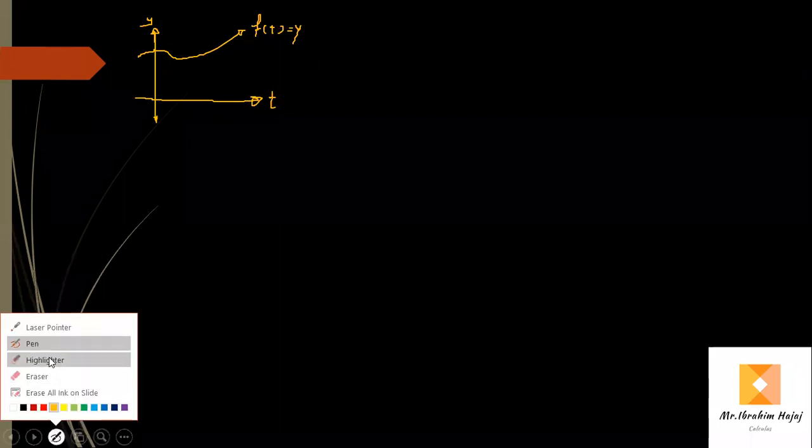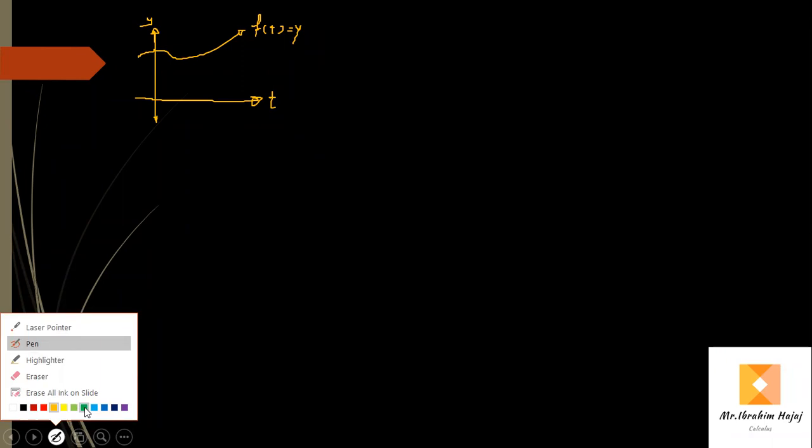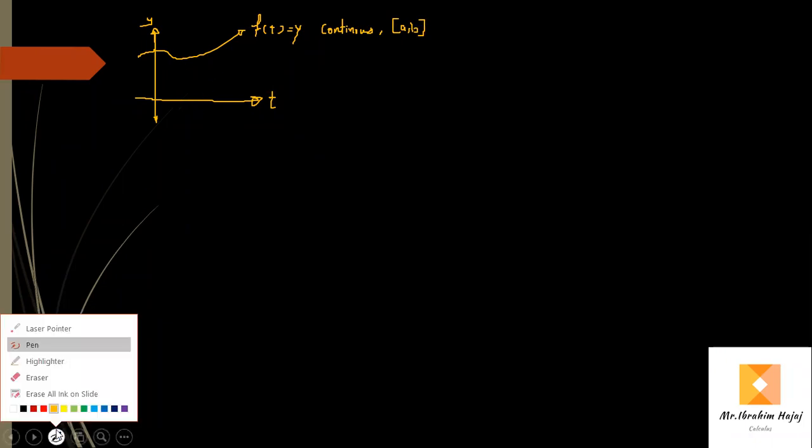It's a dummy variable because we have more than two variables, so we can write here that f of t equals y, and this axis we will name later x, but now let me name it t. And f here is a continuous function on the closed interval [a, b], and non-negative, increasing.